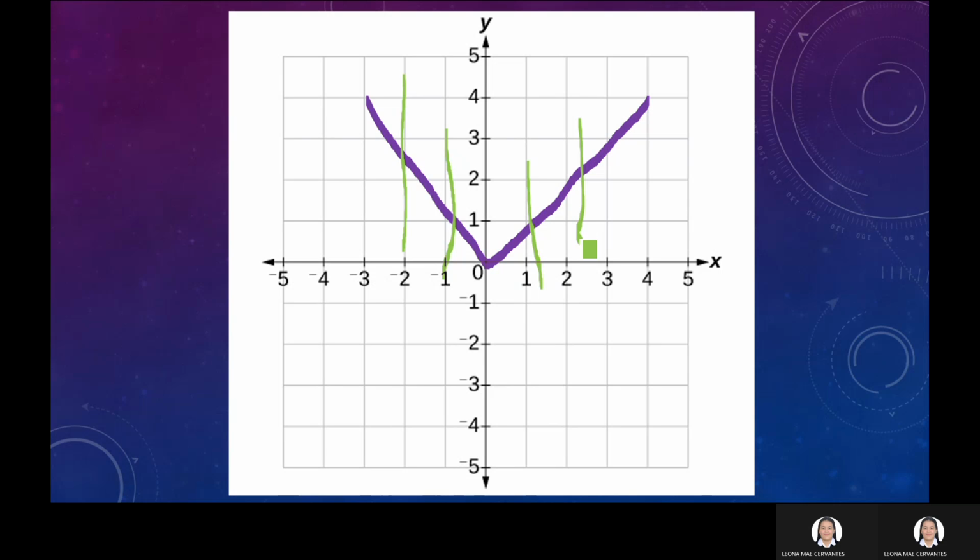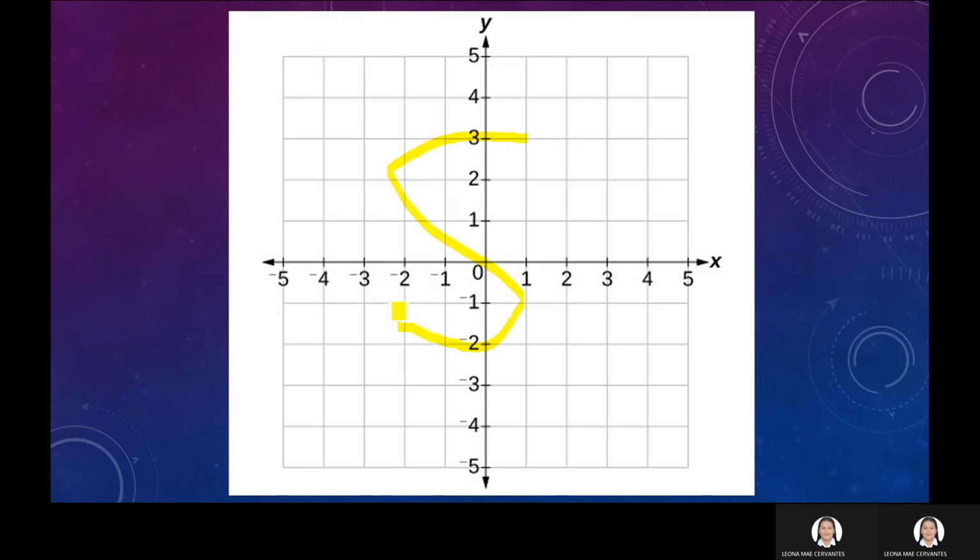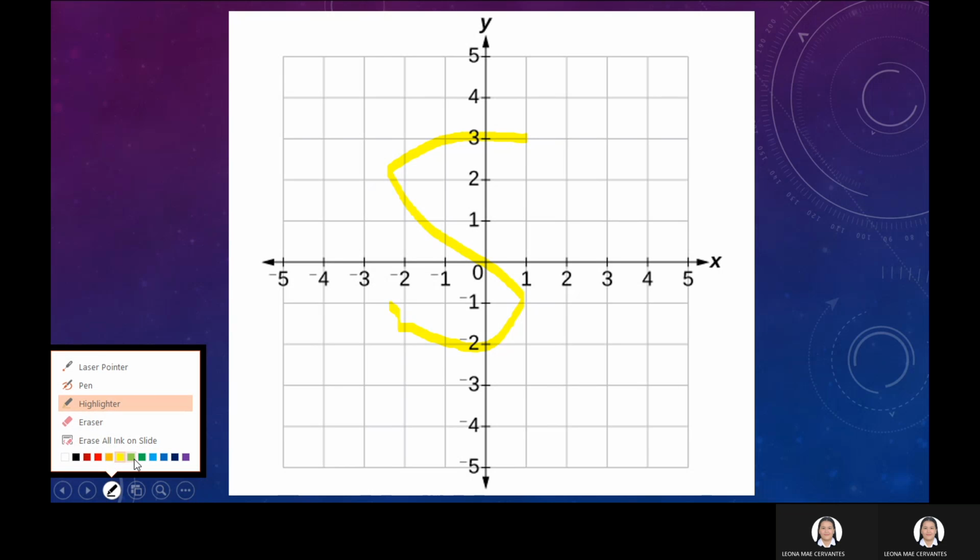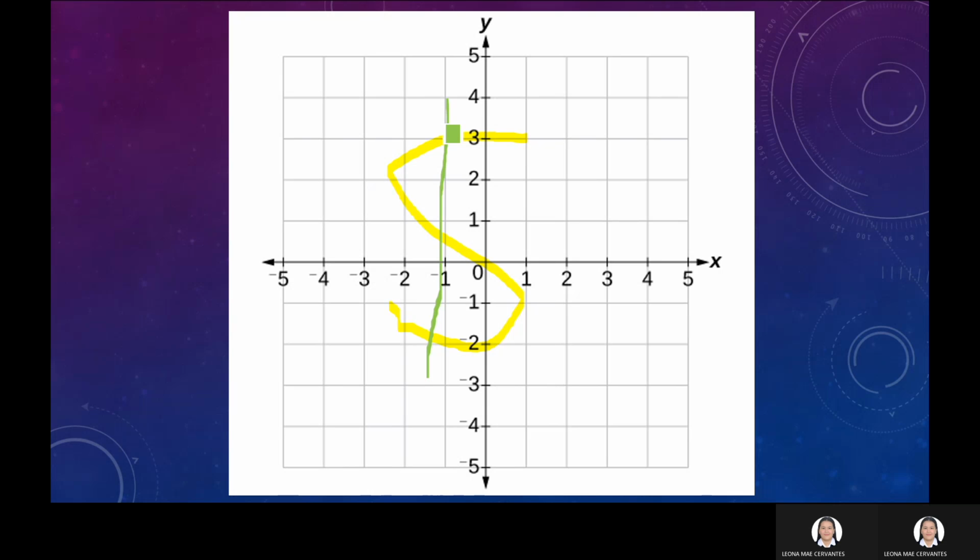Next, another example. Okay, so as you can see, it touches 3 points in this graph.